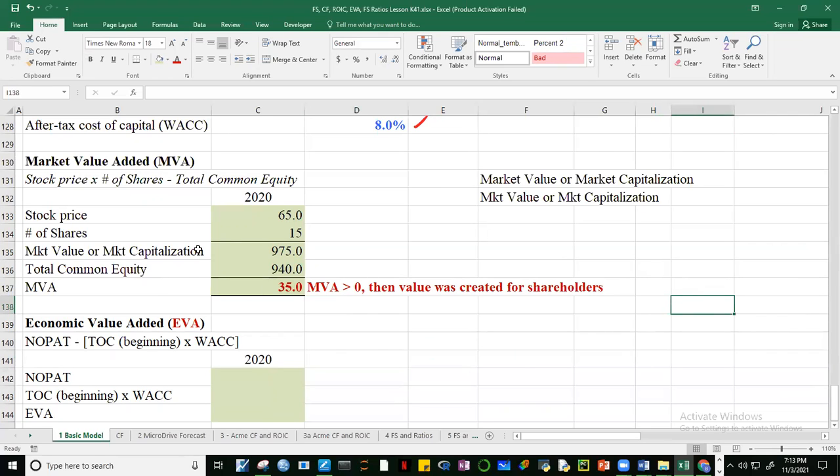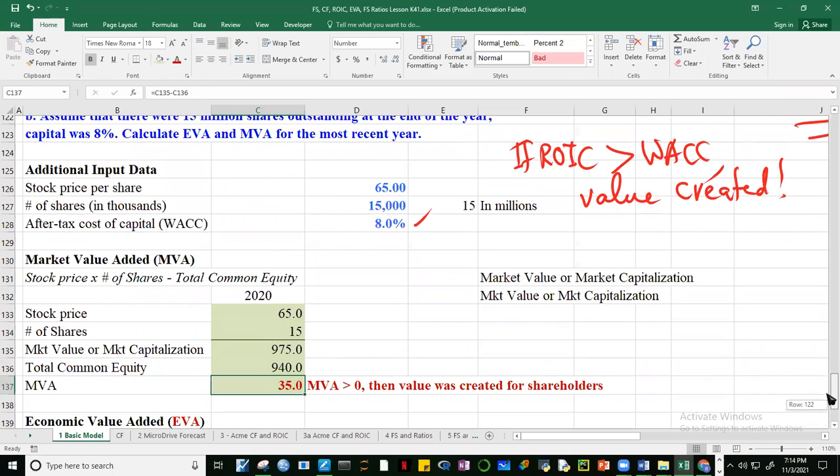So here we're comparing the market capitalization, which is 975, which we obtained by multiplying the stock price with the number of shares, and then comparing it with the book value of the equity. So 35 million, which means value was created. Since mas malaki yung market value ngayon, yung appreciation ng mga investors sa market versus what was recorded in the balance sheet.